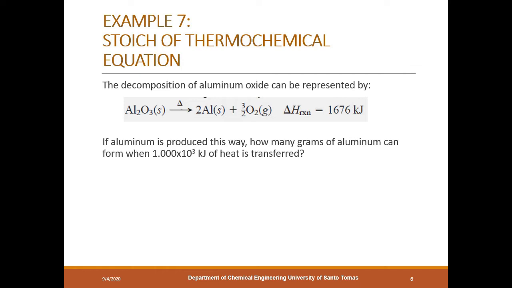Now, if aluminum is produced this way, how many grams of aluminum can be formed when 1.000 times 10 to the 3 kilojoules of heat is transferred?